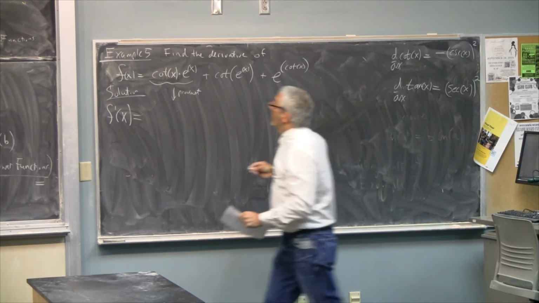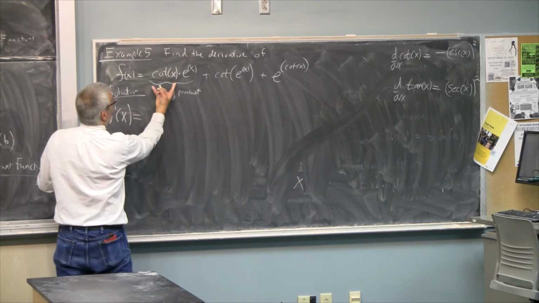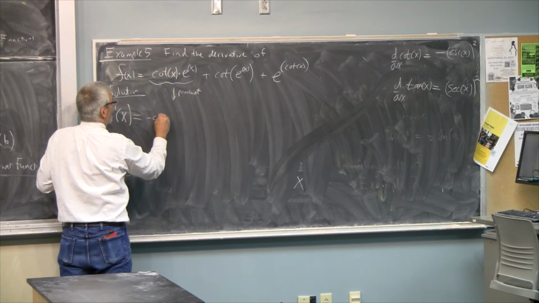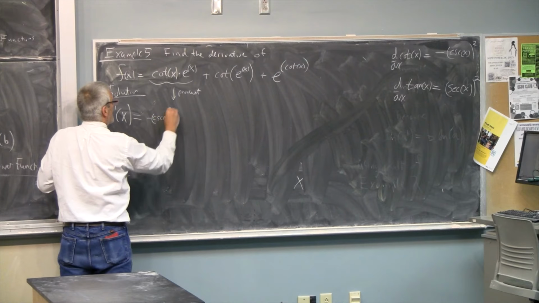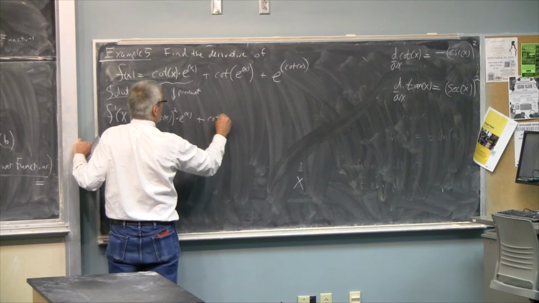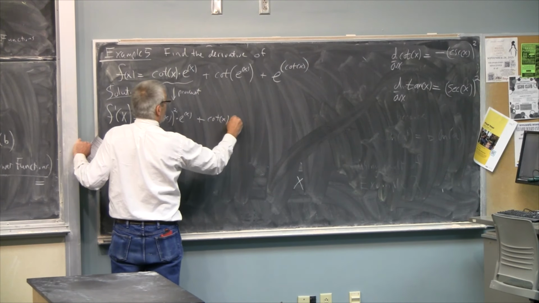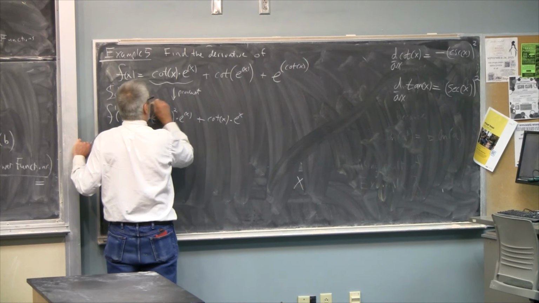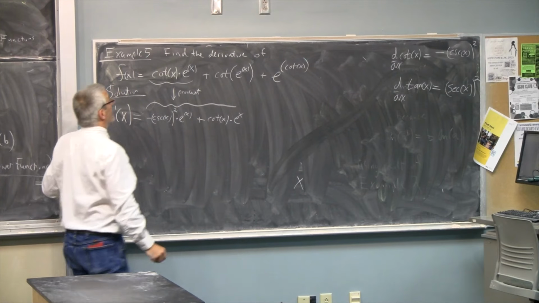Okay, so when I use the product rule, I have the derivative of the first, so minus cosecant of x squared times e to the x, plus the first function, cotangent of x, times the derivative of the second, that's e to the x. So that whole thing is what you get for the product rule.